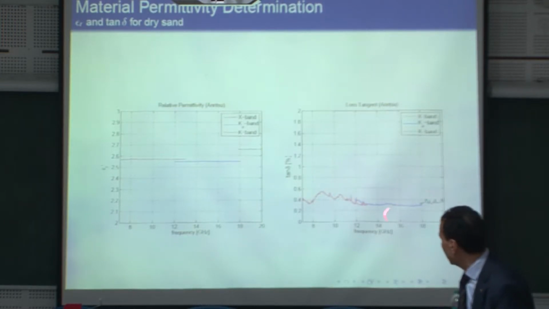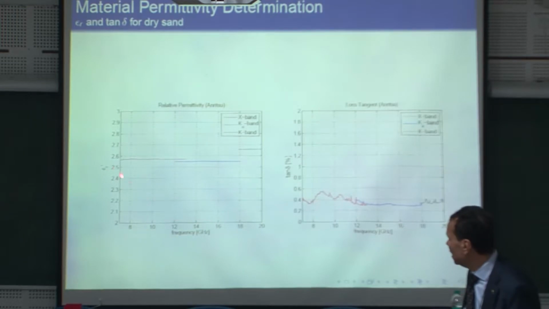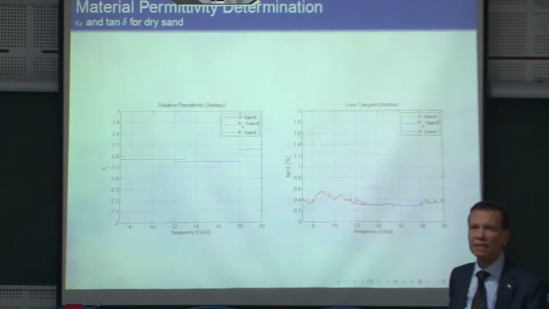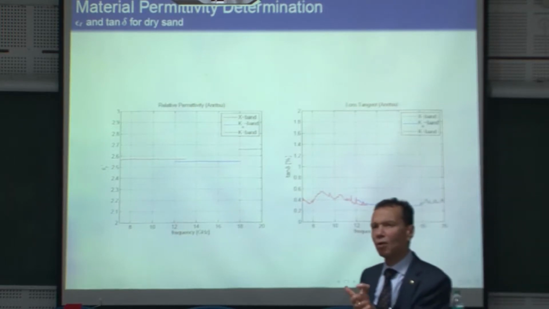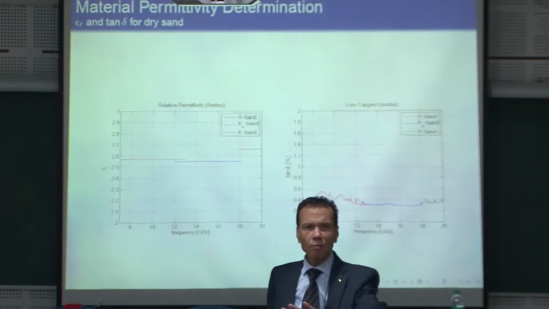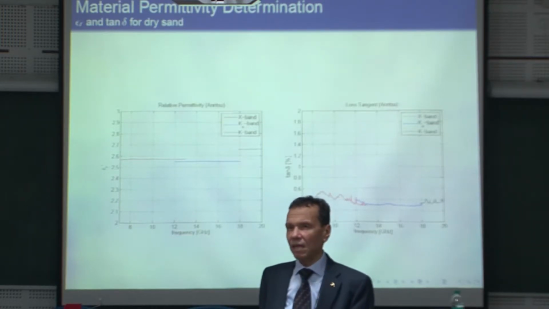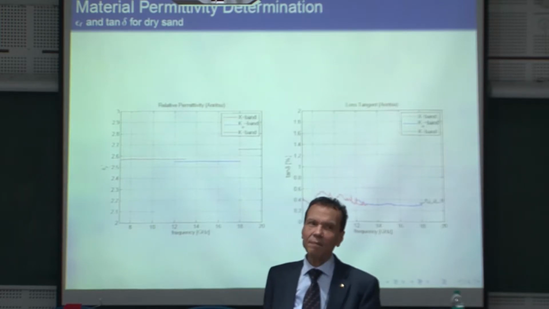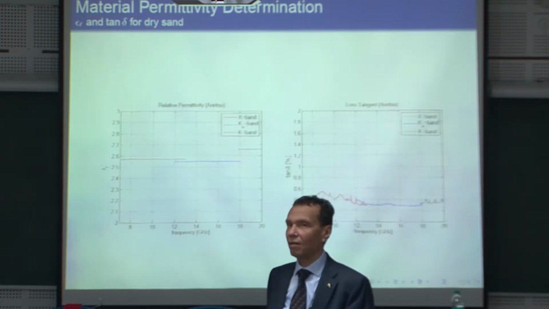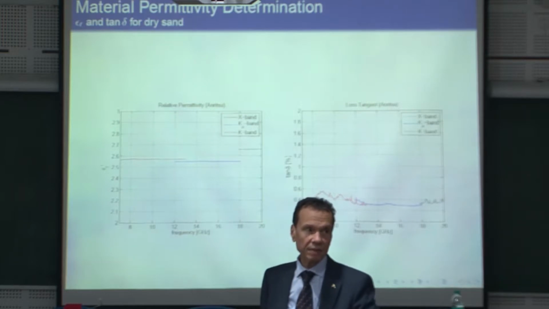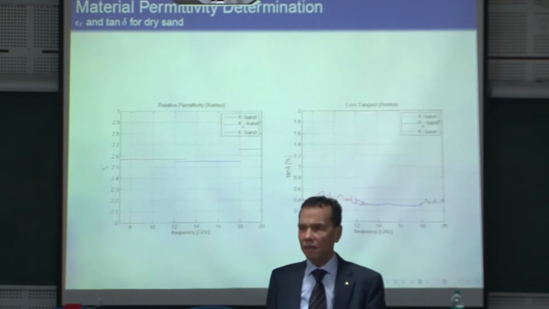But dry sand is low loss, and you have something like 2.5 to 2.6. If you remember, our objects were from styrofoam with epsilon r of something like 1. So actually, we don't have a high contrast. So if you don't have high contrast and nevertheless you have a good image, this is a good technique.